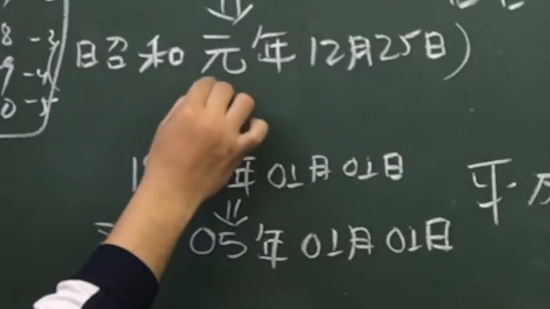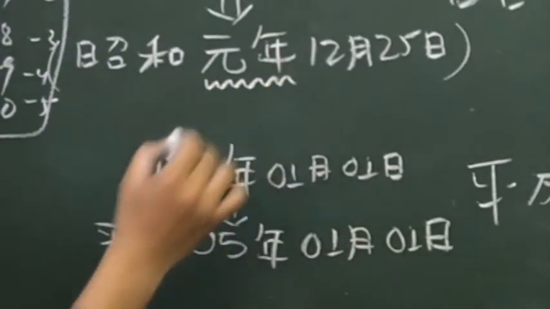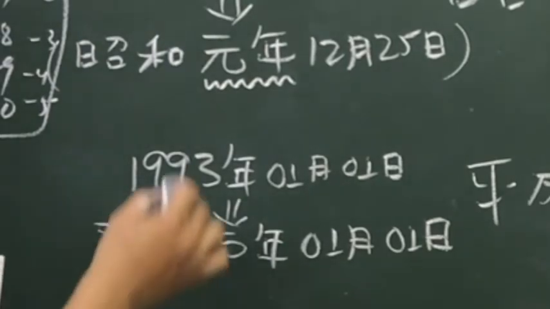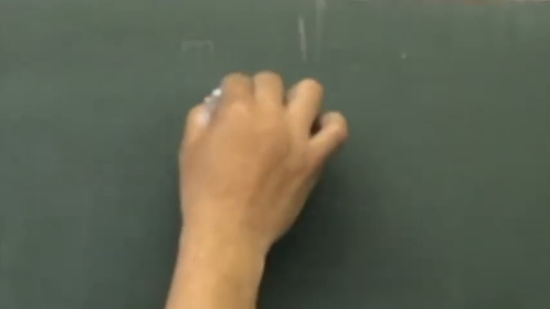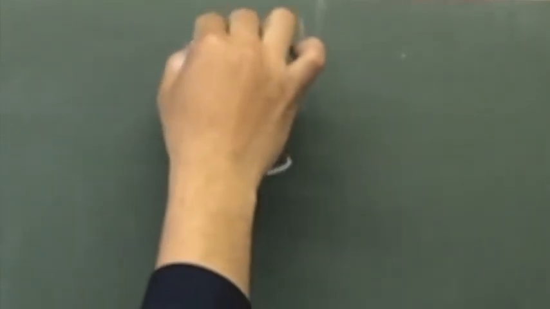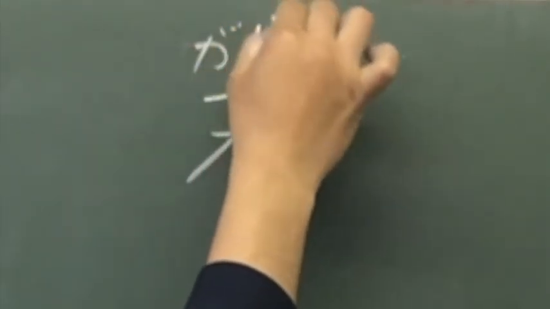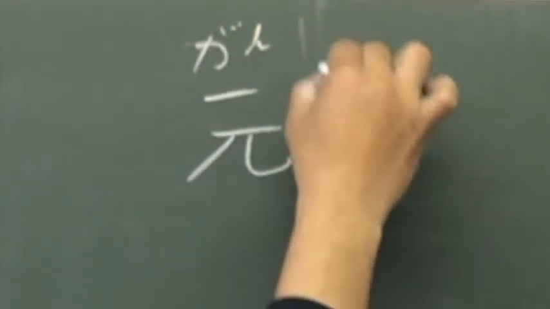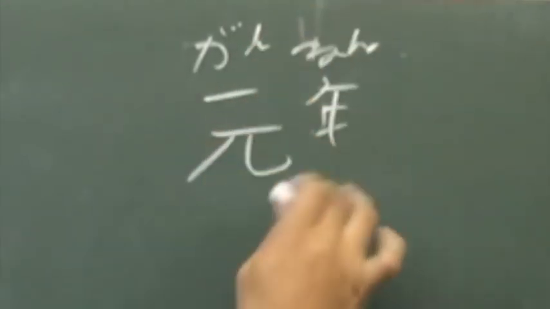And I told you before also, the first year of the Imperial era would be called Gannen. So this is called Gannen. It is very, very important. Don't forget this. So this is the first year of the Imperial era.